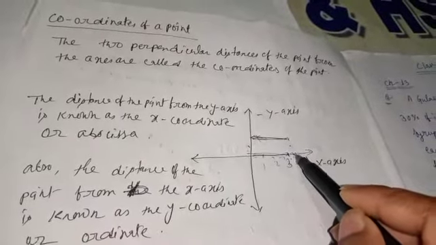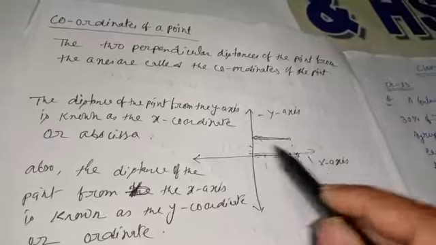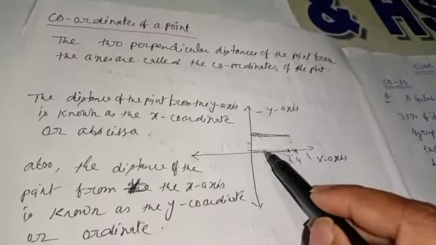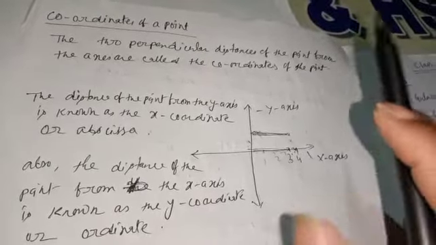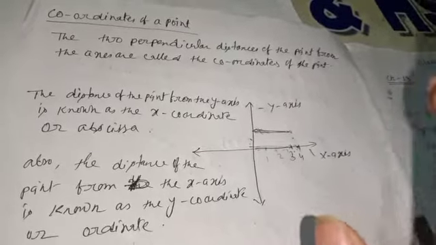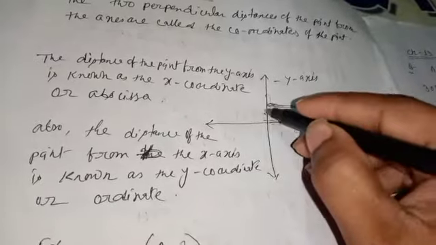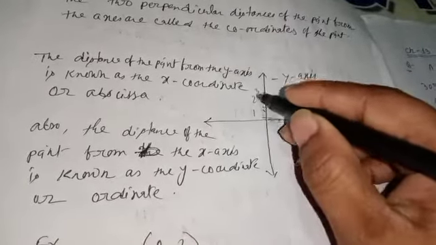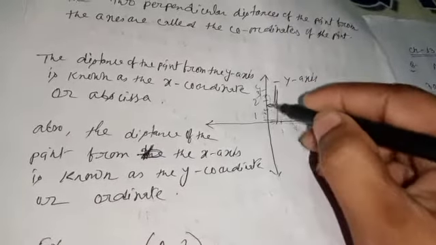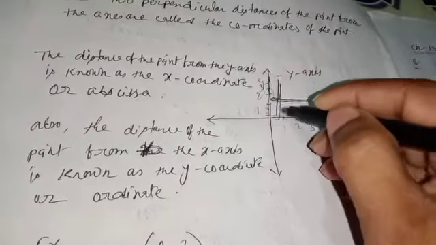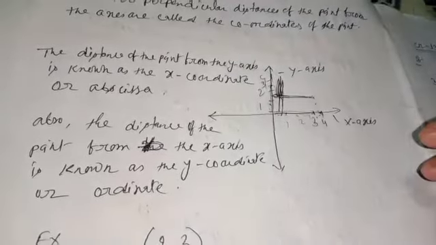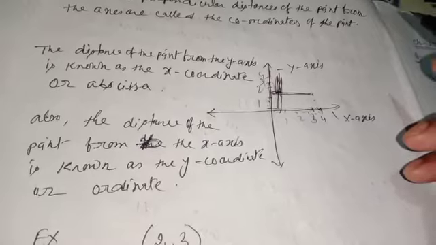And this 4 lies on the x-axis, so it is called abscissa. If it lies on the x-axis, it is called abscissa. If it lies on the y-axis, it is called ordinate, the distance of the point from the x-axis. Now if you see 1, 2, 3, 4, this distance, parallel to the y-axis, is called what? Ordinate. Clear?